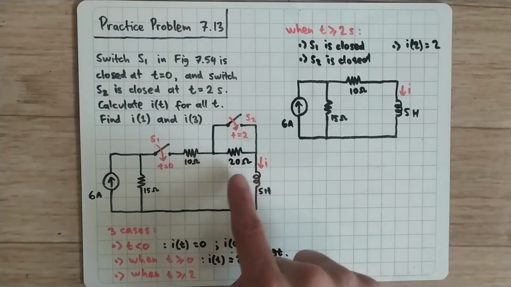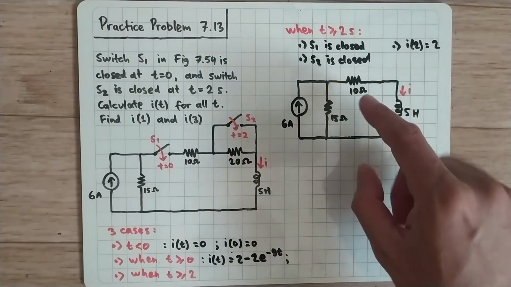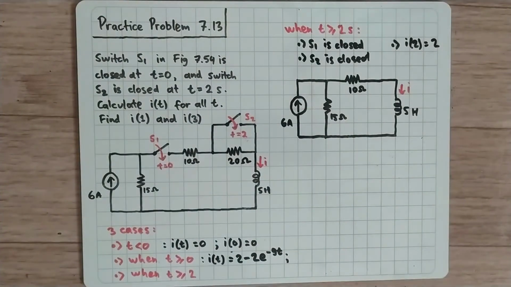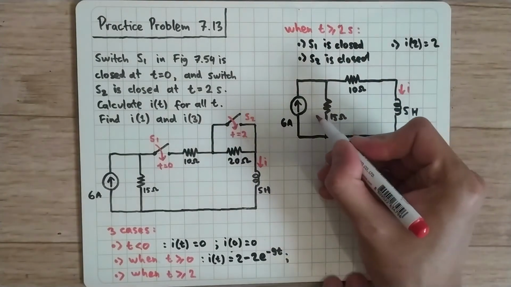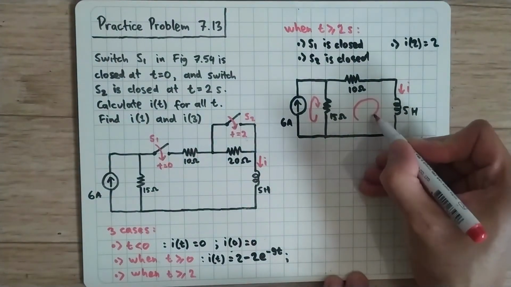So that 20 ohm resistance becomes an open circuit. So I just remove that 20 ohm resistance here. So we will have this simplified circuit, and we can do circuit analysis in this circuit, and I want to do KVL here and there.